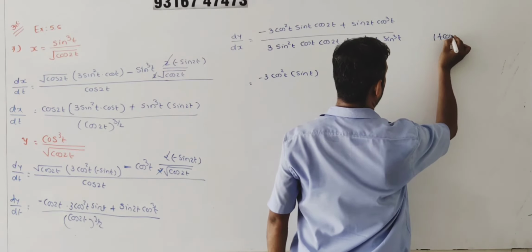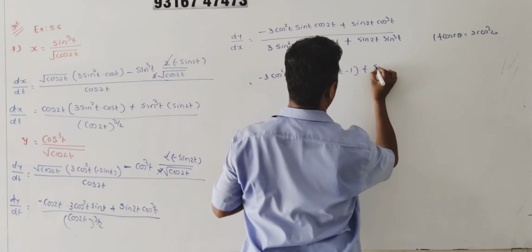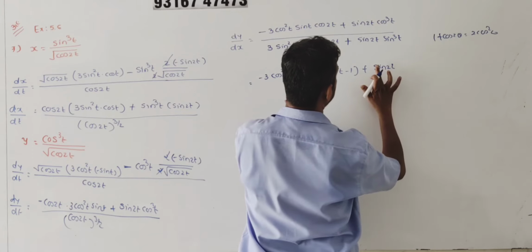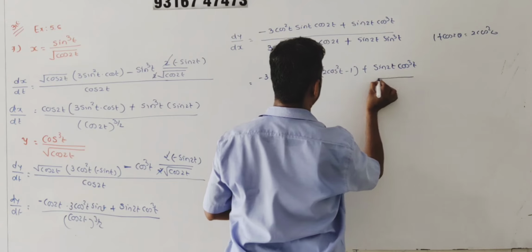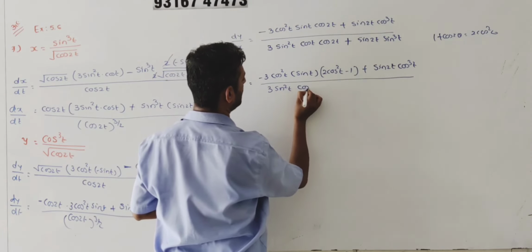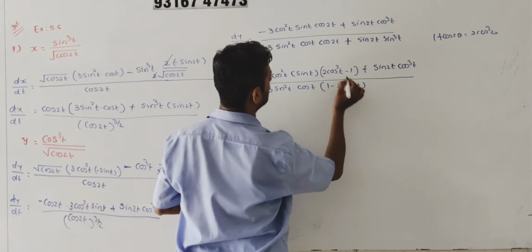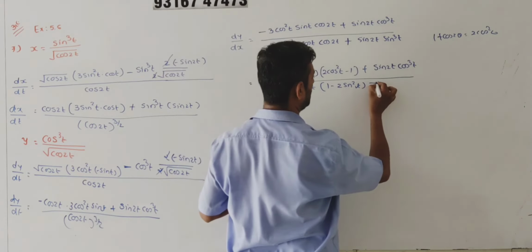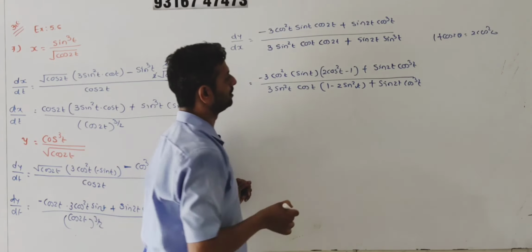So cos 2t is equal to 2 cos square t minus 1, plus sin 2t cos cube t, upon 3 sin square t cos t, 1 minus 2 sin square t in place of cos 2t, plus sin 2t sin cube t.